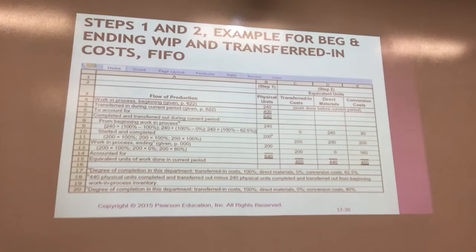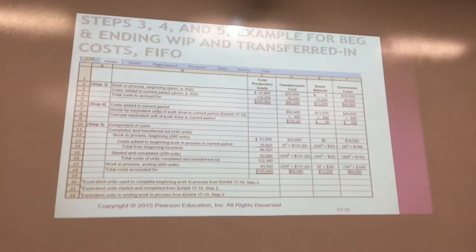Okay? Does everybody understand how we got to those? Yes, no, maybe. All right, so equivalent units for transferred in is 400, direct materials is 440, and conversion costs are 450.